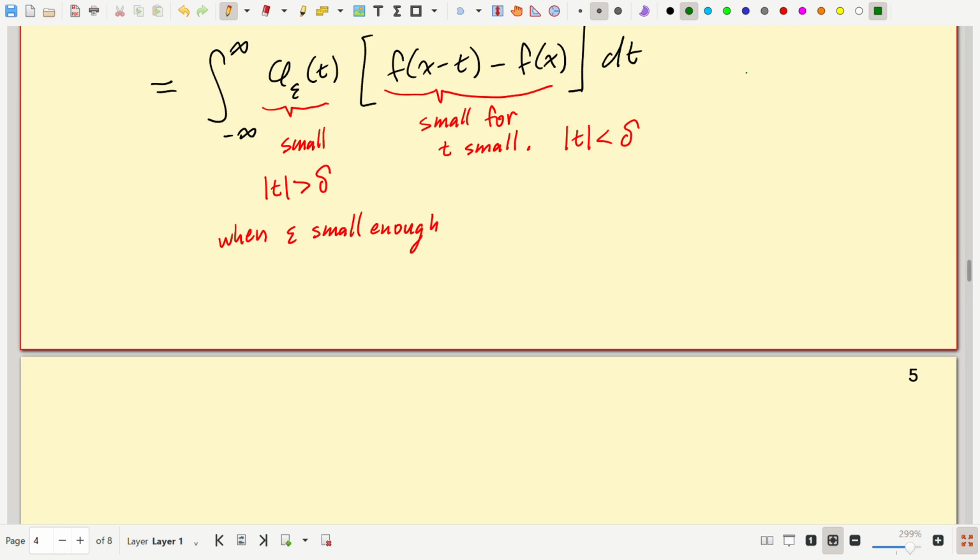Since f is bounded, we would have that absolute f of t is less than or equal to M on R, since we're assuming it's a bounded continuous function.